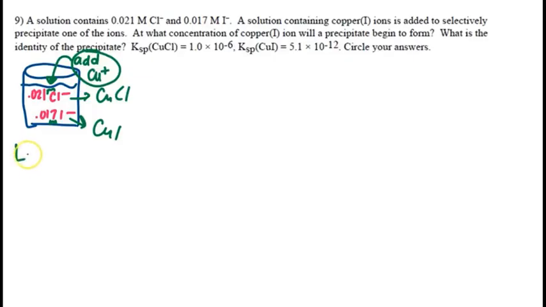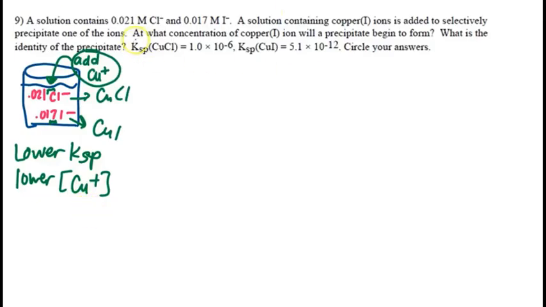The one that has the lower KSP value tends to be the one that's going to precipitate out of the solution first. Also, the one that produces the lower Cu plus concentration when we actually get our KSP expression is also going to be the one that usually precipitates out of the solution first.